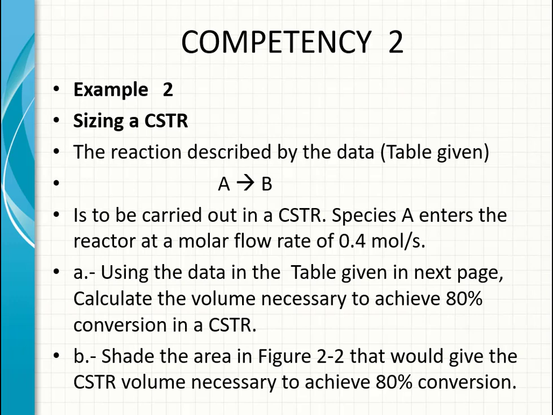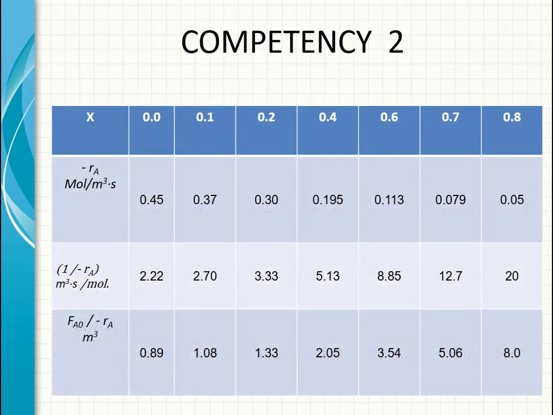A. Using the data in the table given in the next page, calculate the volume necessary to achieve 80% conversion in a CSTR. B. Shade the area in figure 2.2 that will give the CSTR volume necessary to achieve 80% conversion. And here we have the table.